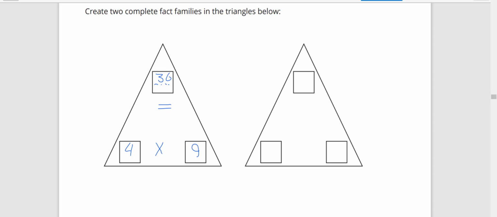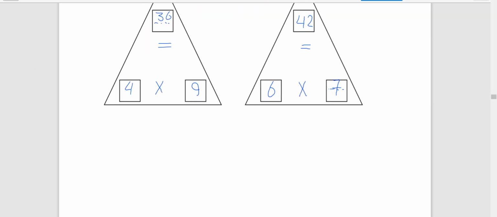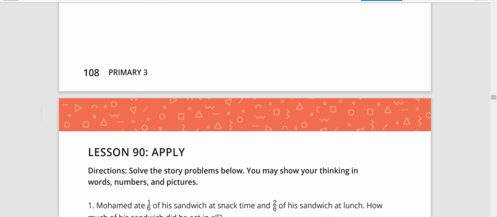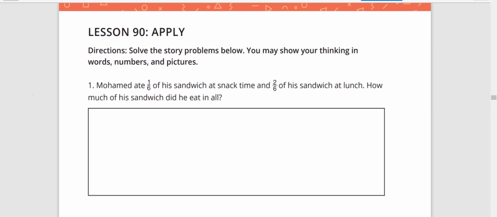And 6 times what equals 42? 6 times 7 equals 42. Next page.